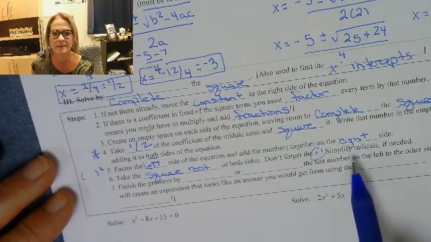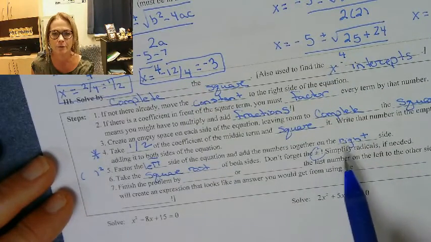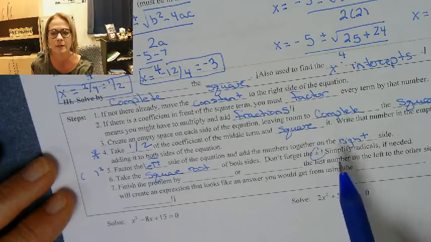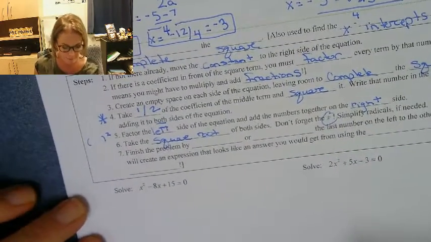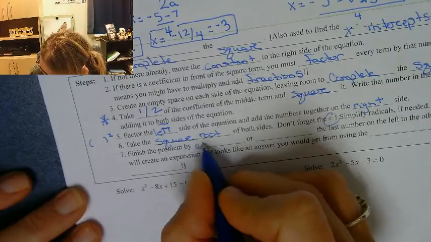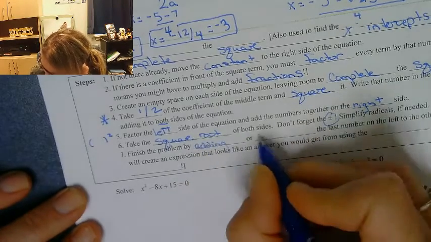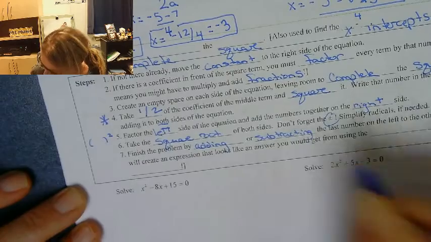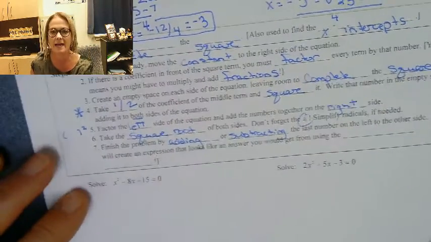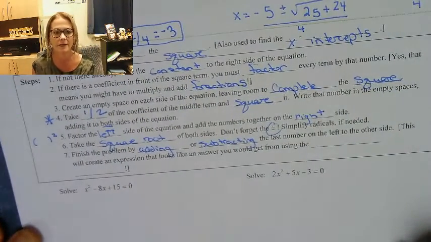Simplify radicals if needed. So if you had something like root 32, you would want to make sure you wrote it as 4 root 2. So we'll talk about all that as we go through these. And finish the problem by adding or subtracting the last number on the left side to the other side.